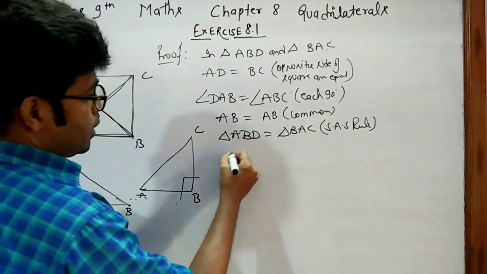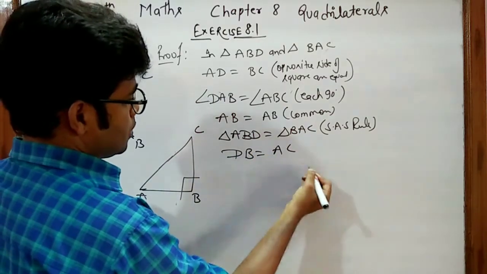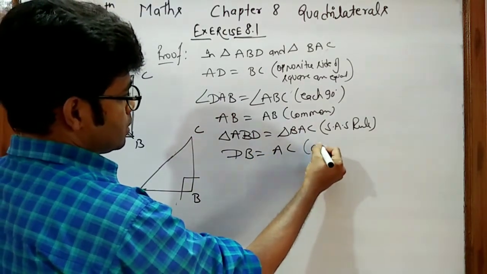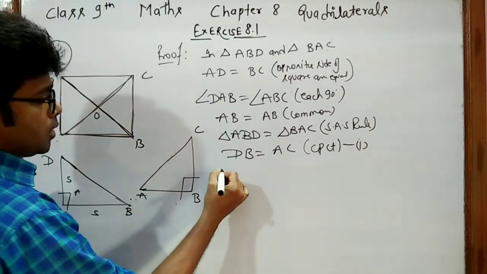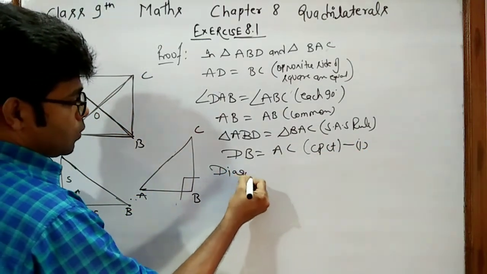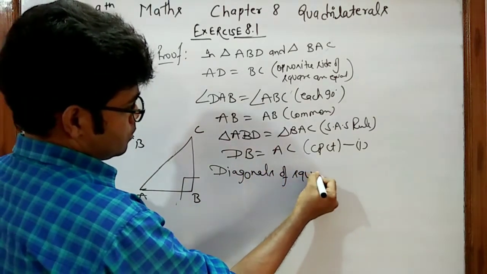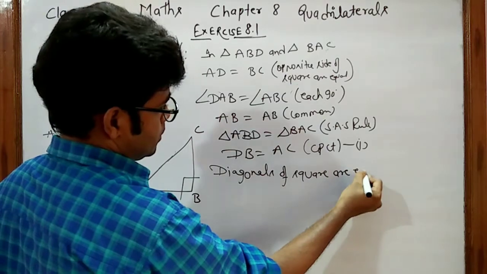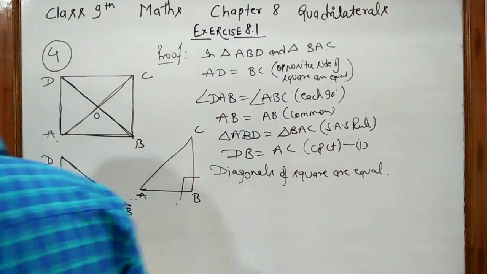That means DB is equal to AC by CPCT. So the first part is proved: diagonals of a square are equal. Now note it, I will start the second part.